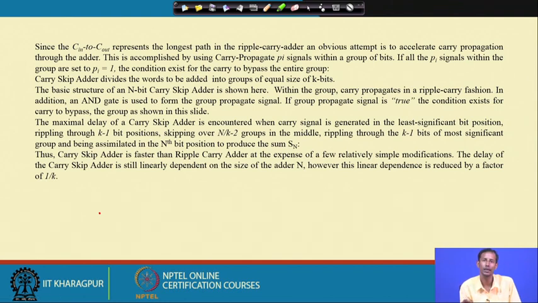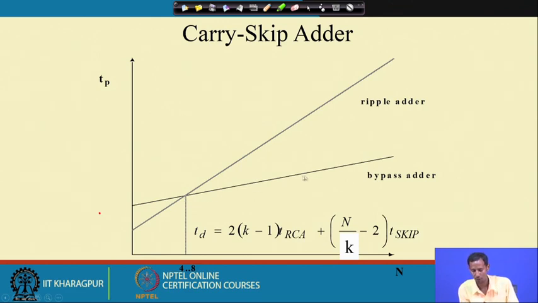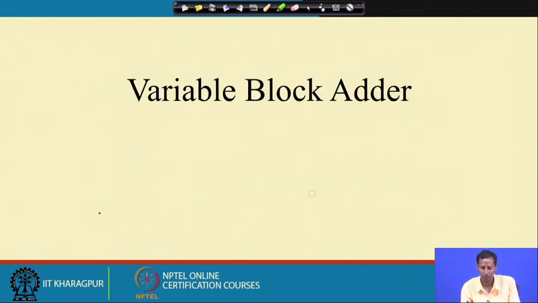But whenever I need to design with n as large as possible, I can reduce the delay by a factor of k, so the linear dependency gets reduced. That is why you can use the carry skip adder for larger addition operations where it is required.